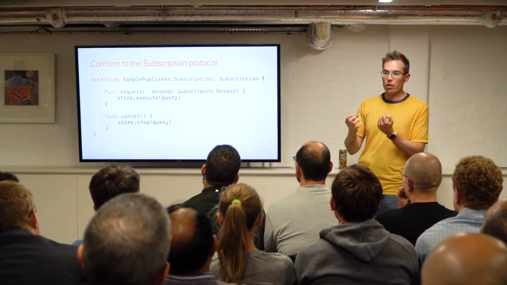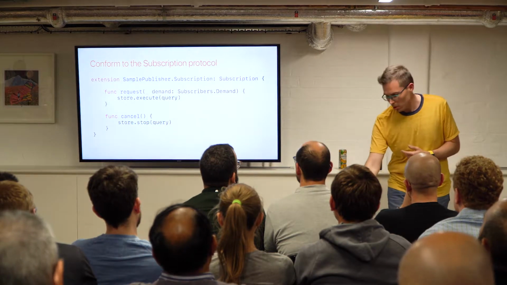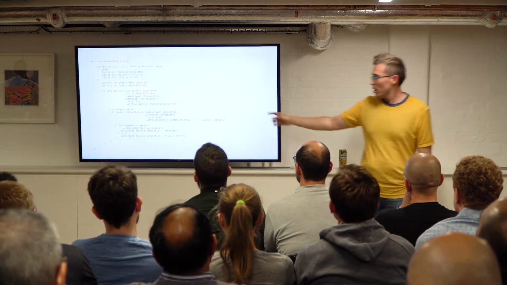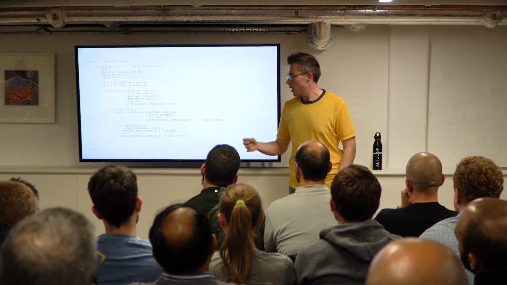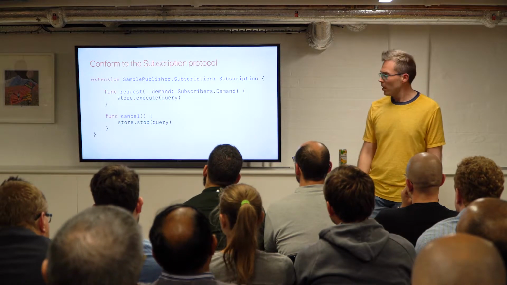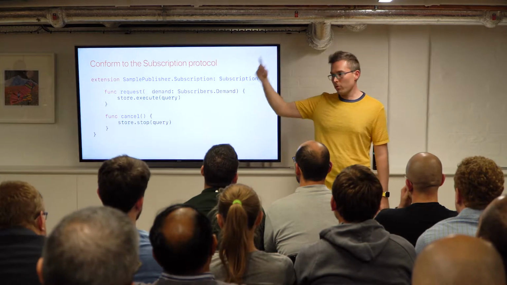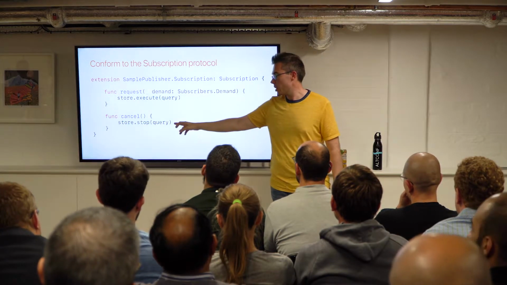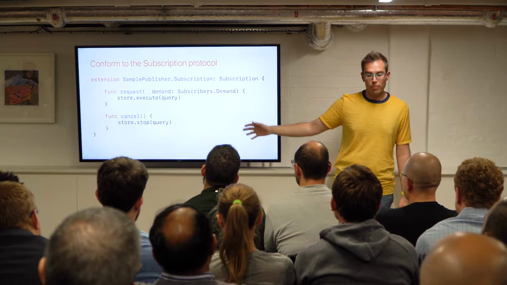We'll just execute it. And once that finishes, our completion block gets called from the previous slide, telling the subscriber here's some values, and then the completion. So that's kind of the end of it. Unless this happens before that process finishes, in which case the cancel is called and we'll tell the store to actually stop fetching that query.